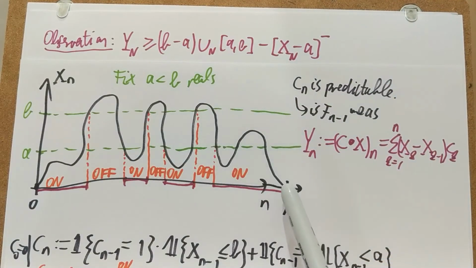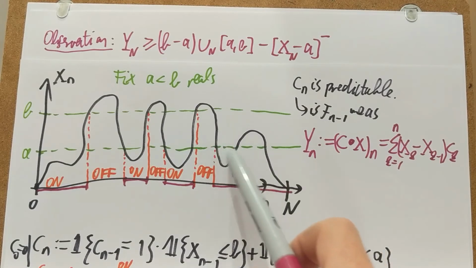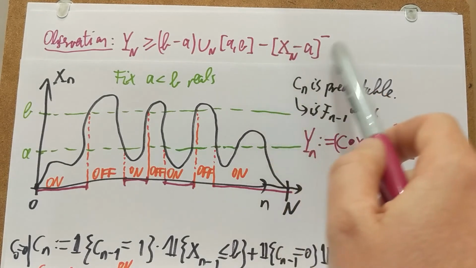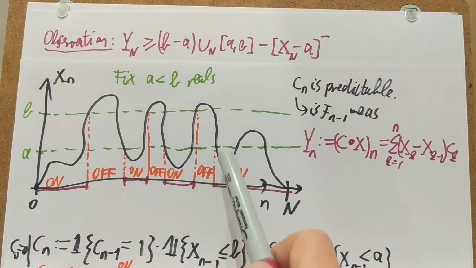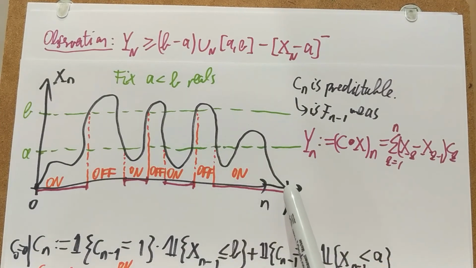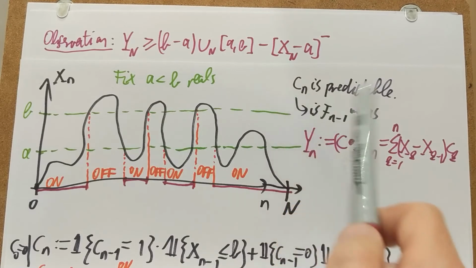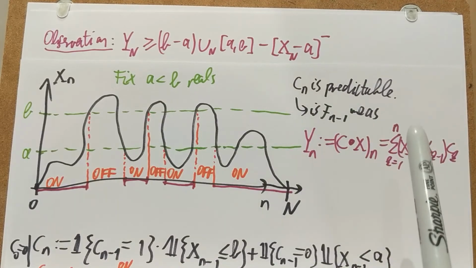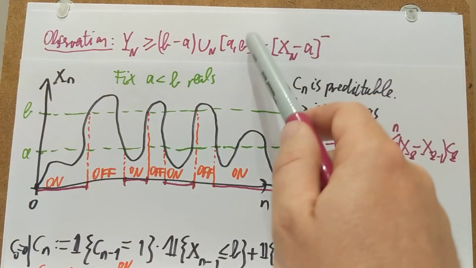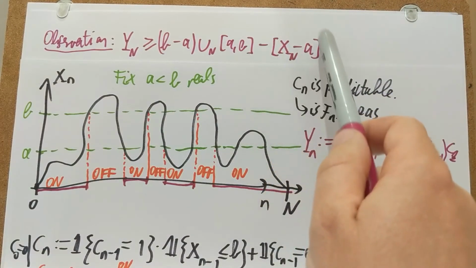If I end up at some level that's below A, then this might have been counted by the process Y_n, and that has to be subtracted, because it's a negative contribution. I started at level A and might end up lower, so that's a negative contribution. If I end up higher, that's okay, but if I end up lower, that will decrease my right hand side, and I need to take that into account, and that's exactly what this term captures.